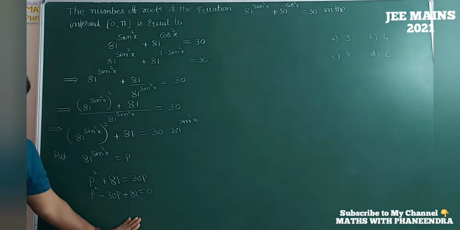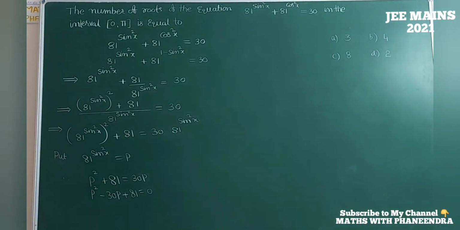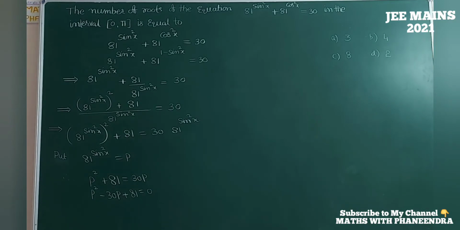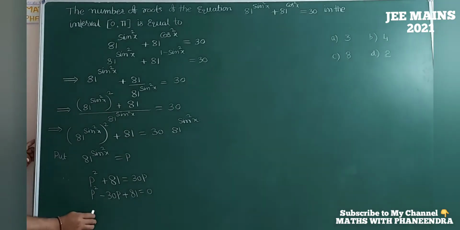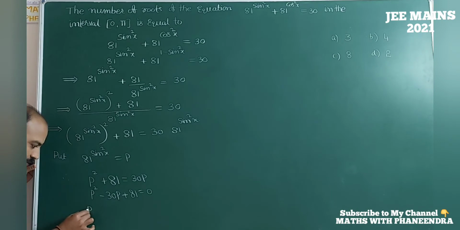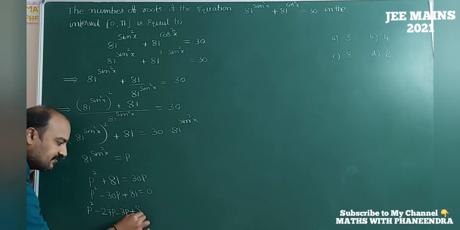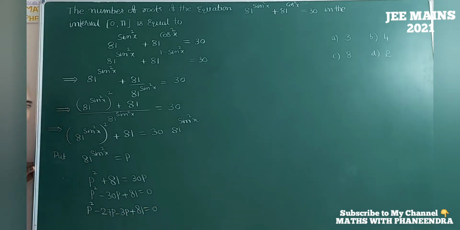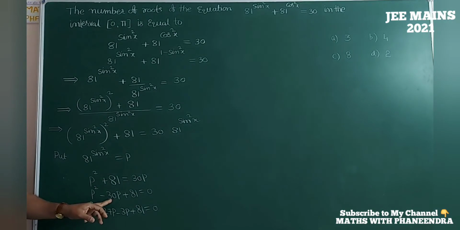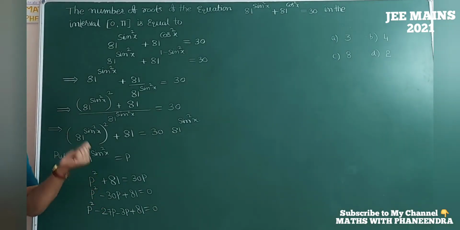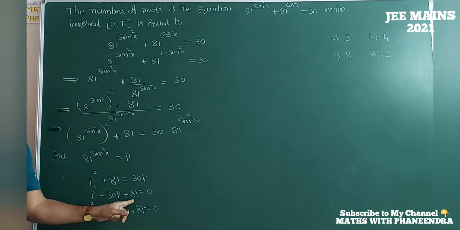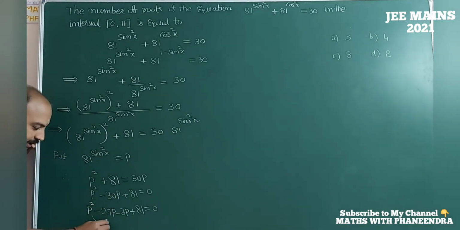One minute dear students, are you able to see here? Till here, okay. See here, factorization we need to do. p square minus 27p minus 3p plus 81 is equal to 0. Why? Because 30 can be expressed as the sum of minus 27 and minus 3, and the product of minus 27 and minus 3 is equal to 81. From these two p take common, from these two minus 3 take common.